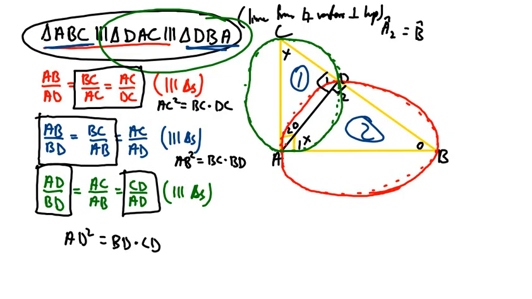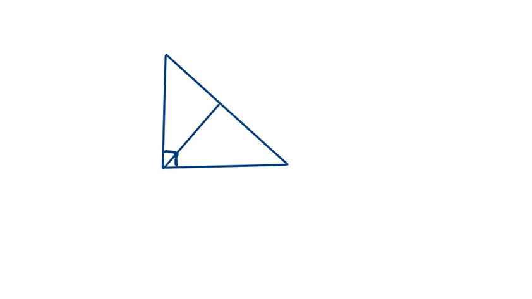So go ahead and just randomly draw a right angle triangle like that. And then, of course, you indicate your right angle. And then you just draw a line from that right angle, where the right angle is formed, and have that line perpendicular to the hypotenuse.